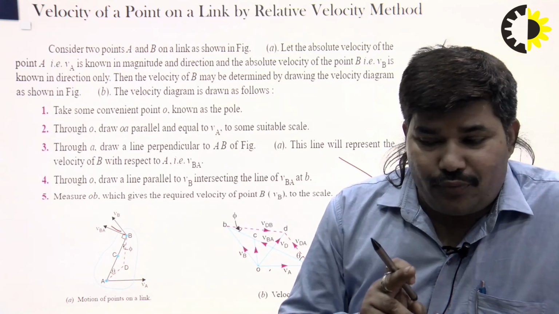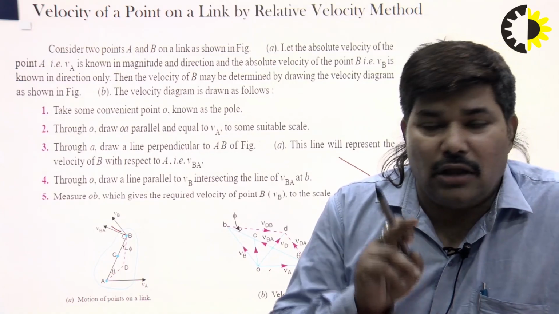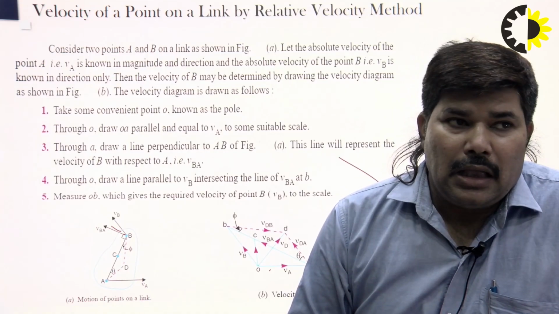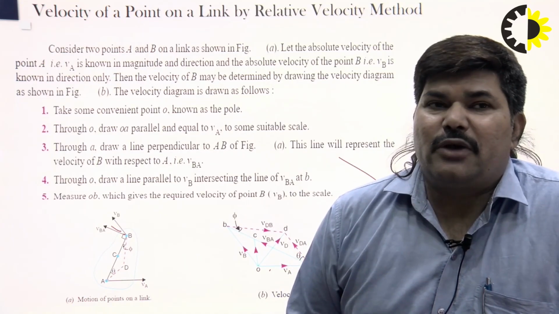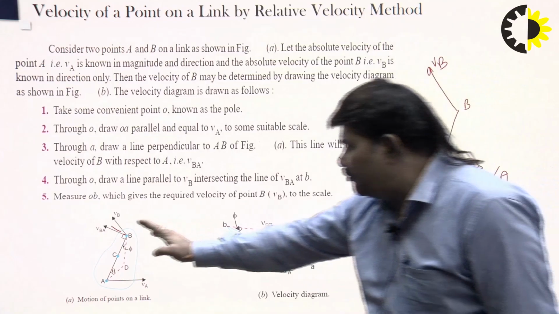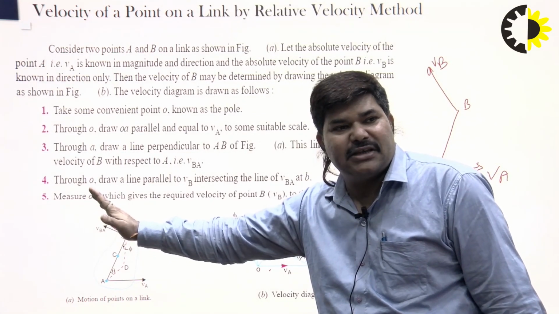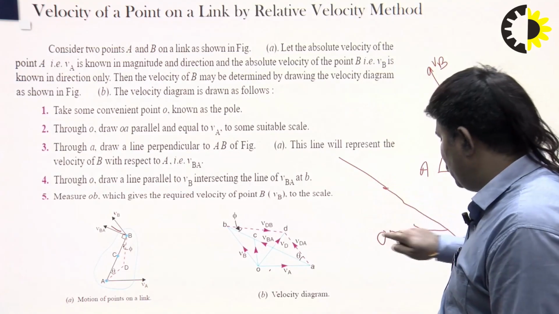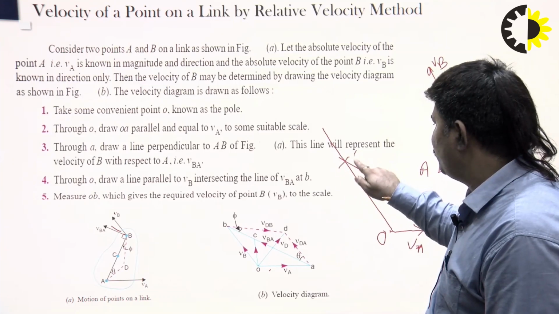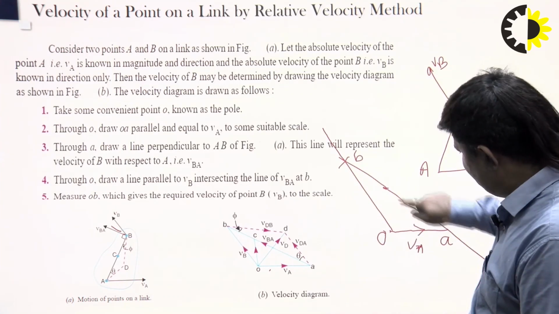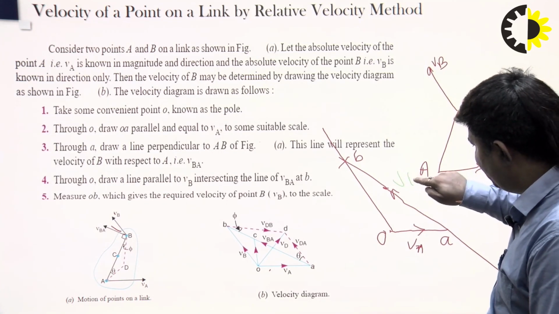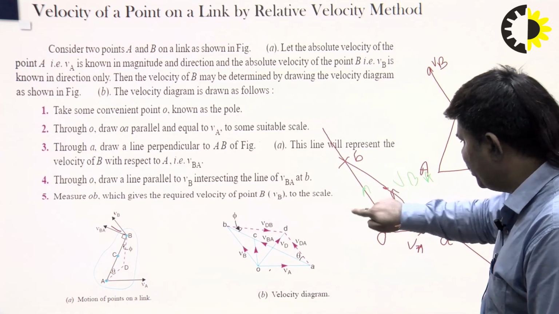So through point O, draw a line parallel to the velocity of B, intersecting the line of velocity of B with respect to A at a point B. You can draw this parallel, and it will cut somewhere at a point, and this point is known as point B. This line is the velocity of B with respect to A, and this point is the velocity of B.